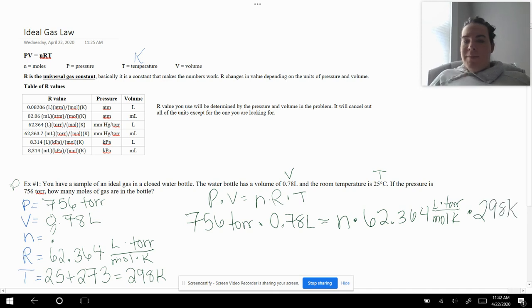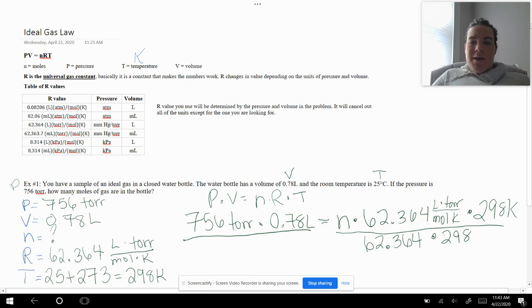All right, so we got our variables plugged in. We're trying to find n. To get n by itself, we want to divide by everything else on that side. You can do the math over here first, that's fine, however you do your algebra. I'm just going to keep them as numbers, and we'll do the same thing on this side.